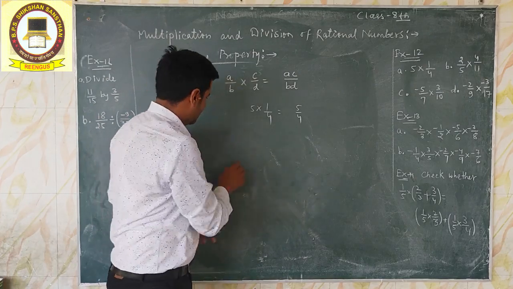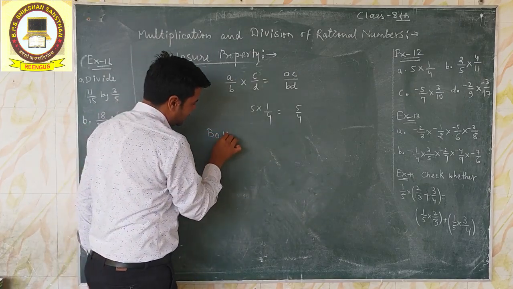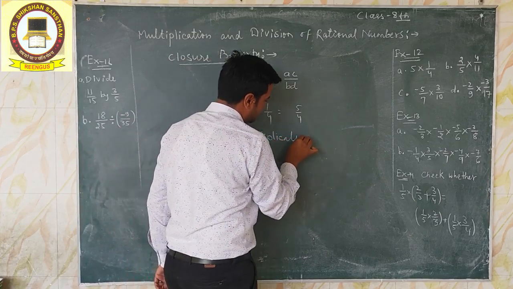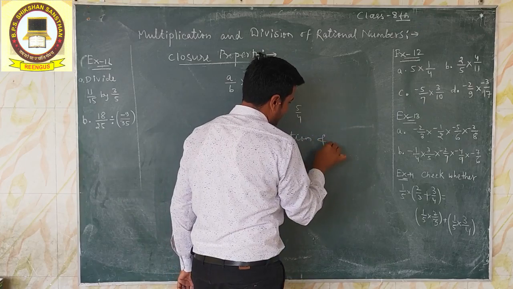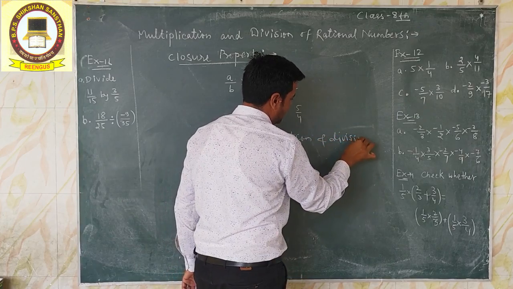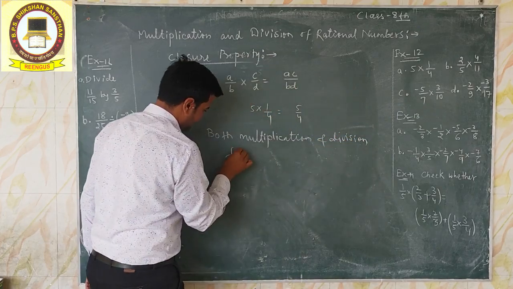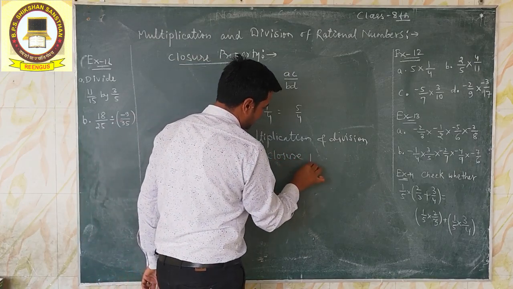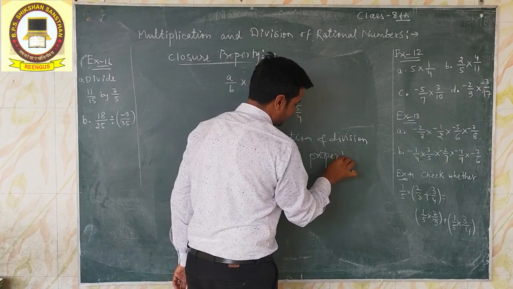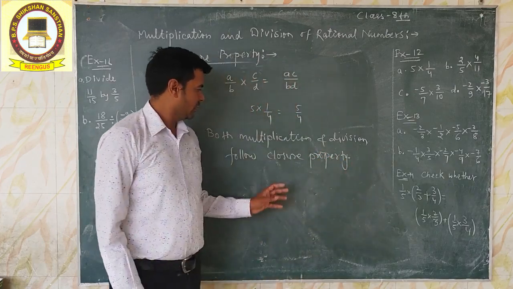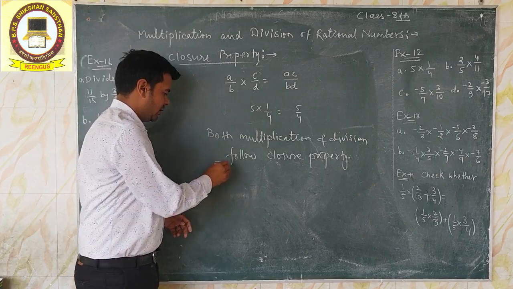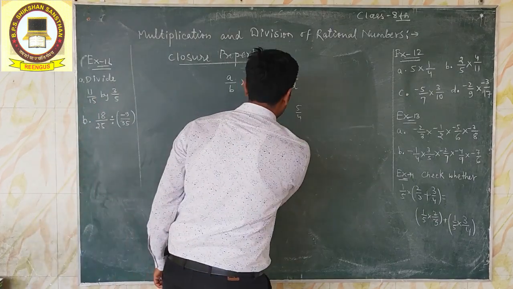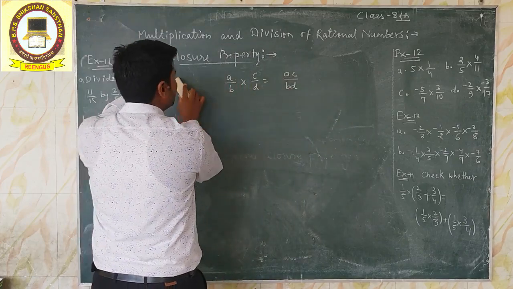So both multiplication and division follow the closure property. You need to keep this in mind. So this is the first property.